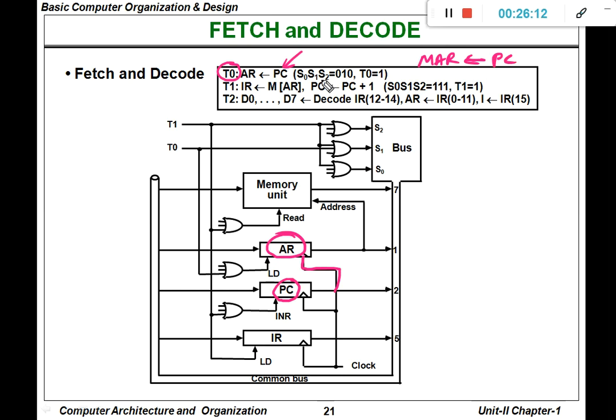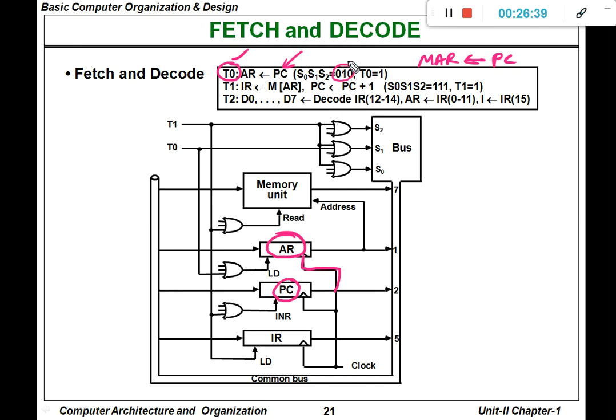So this is the first instruction. This first instruction shall be completed at time t0. And what is the condition for the first instruction? S0, S1, S2 is equal to 0, 1, 0. We have already seen the selection inputs for the memory bus during the memory bus explanation.